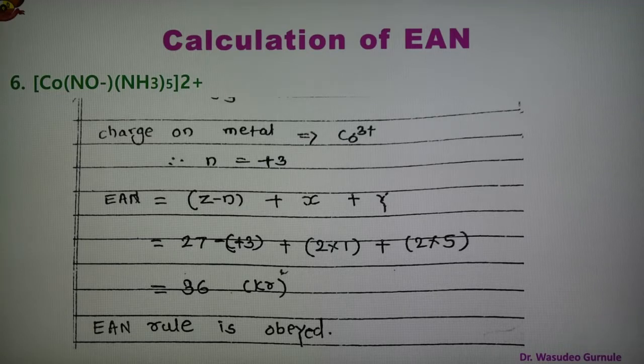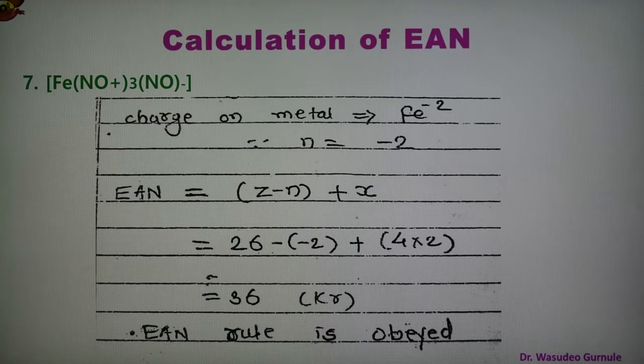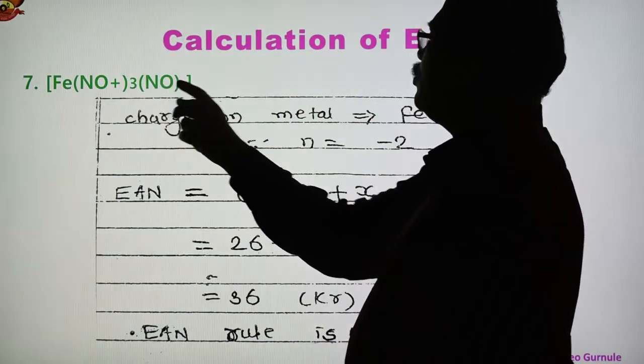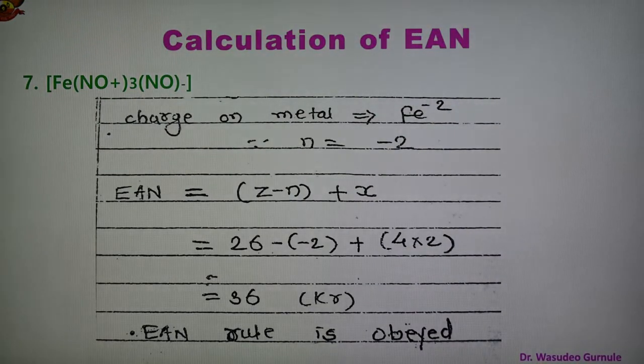So these are the examples, and next is number 7. In this case the metal nitrosyl is Fe(NO)4, where NO+ is 3 and NO- is 1.